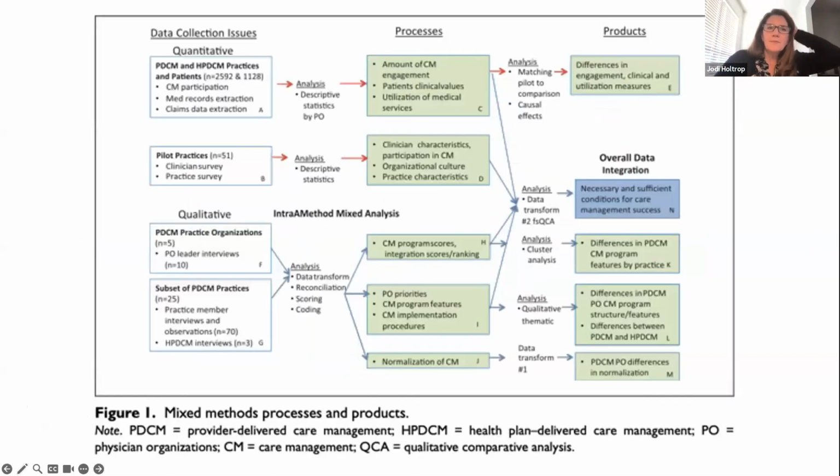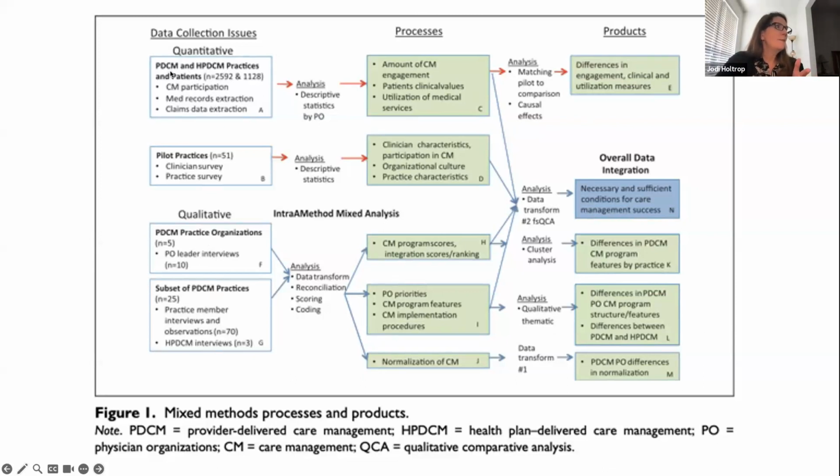So this is the final figure that showed our processes and our products. Remember that basic table I showed you about getting organized and having the columns of here's what steps you're taking, here's the processes you're using, and here's the products. This is more of a figure depiction of that. It's pretty complicated, but what I want to point out is that this was all of our data collection methods over here on the left.